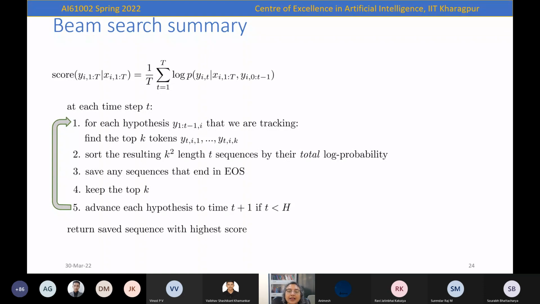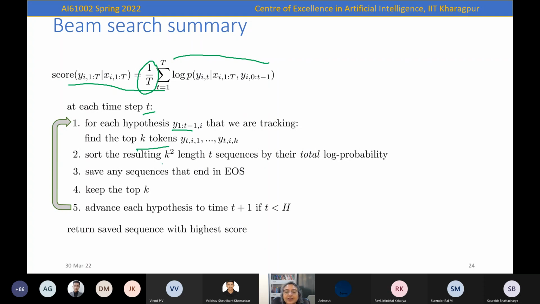So in summary, in beam search, we compute the score by summing the log of the probabilities and normalizing it by dividing by the length of the sequence. At each time step t, for each hypothesis generated up to the previous time step, we extend it by the top k tokens in the next time step.